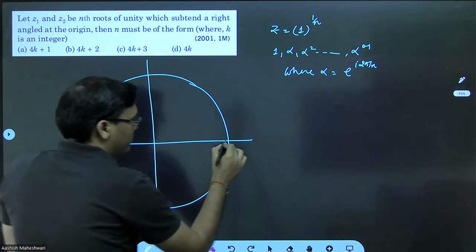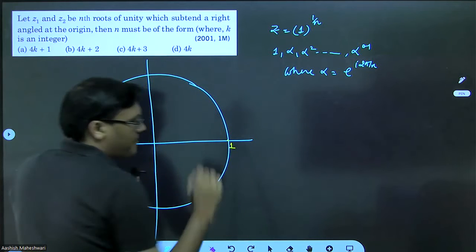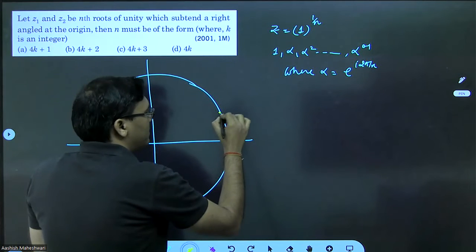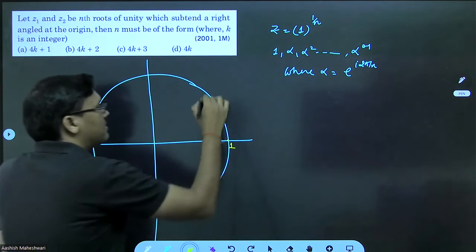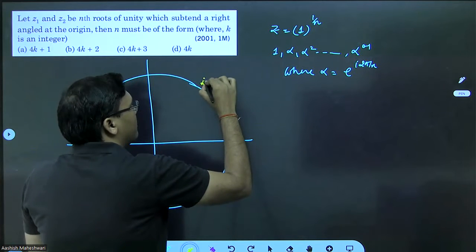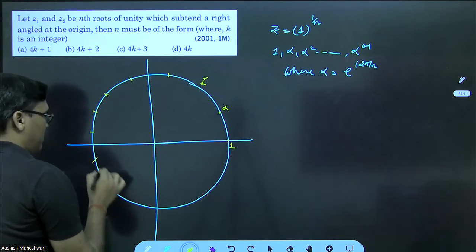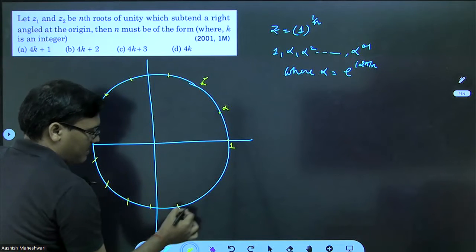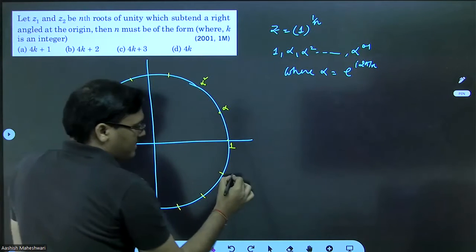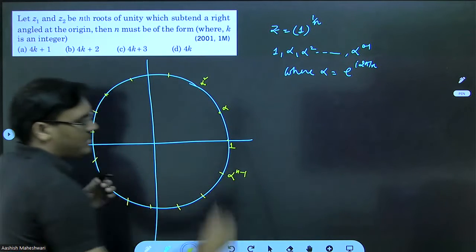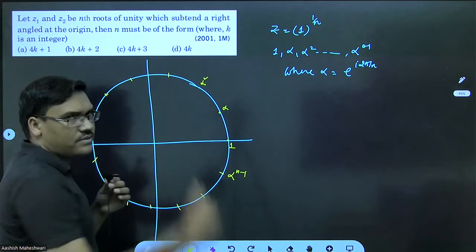So this is the first nth root of unity, let's say 1. This is the second, let's say alpha. This is the third, alpha square, and so on. They are symmetrically placed. I'm just randomly drawing this. Let's say this is the last nth root of unity, alpha raised to n minus 1.